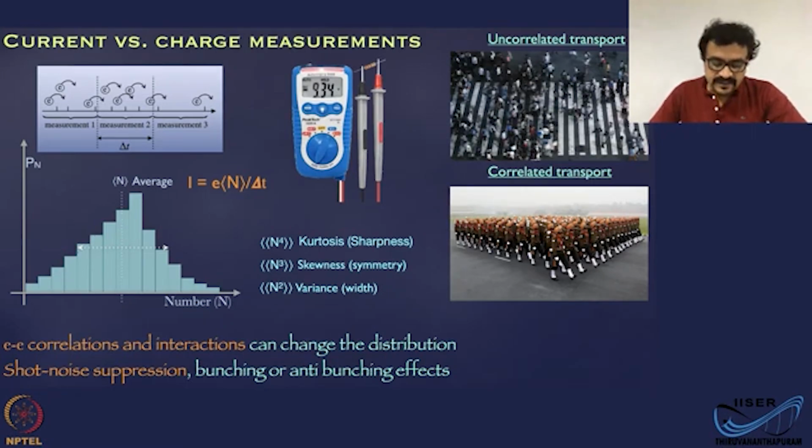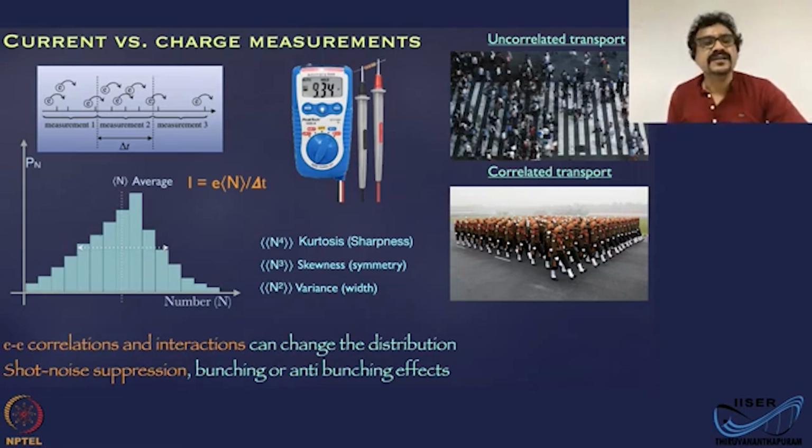So the current is given by the average number of charges traversing per unit time. The motion of the charge through the circuit has a statistics built into it.